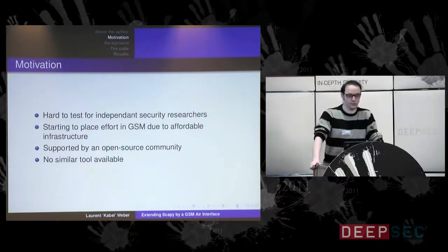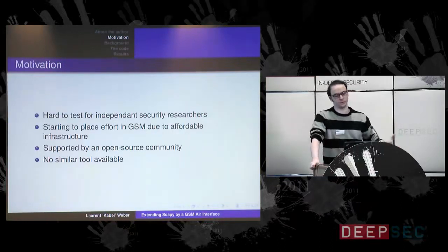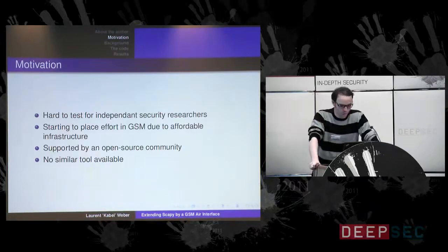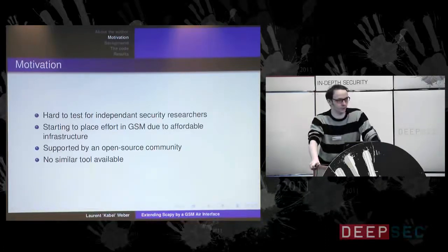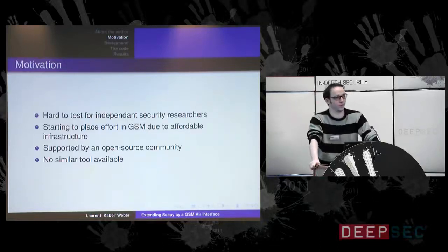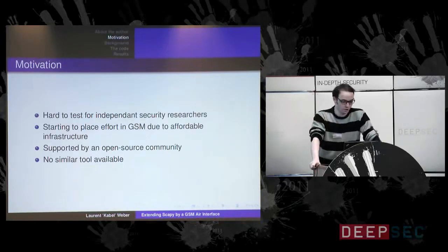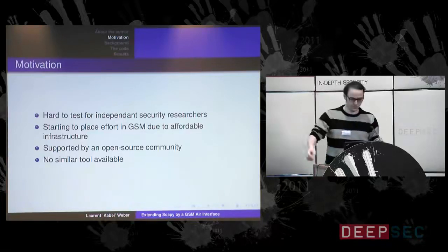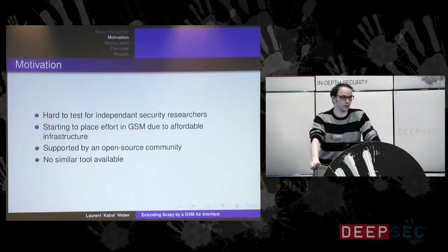The prices were too high for independent people to look at this, and this has changed some time ago, because due to tools like the USRP, for example, which I will present later on, it's now really possible for everybody to play with this network and everything that's related to it. I mean, some USRP costs around 2,000 euro, and then you have a very good one, and you can basically do everything you want.